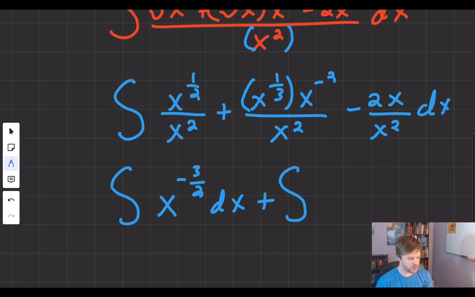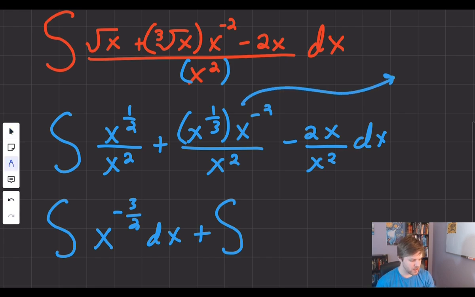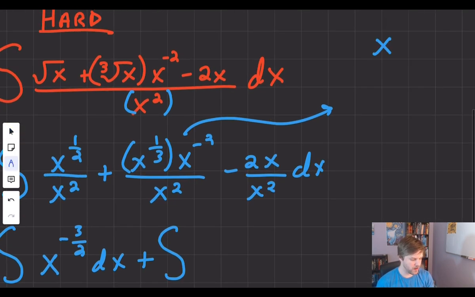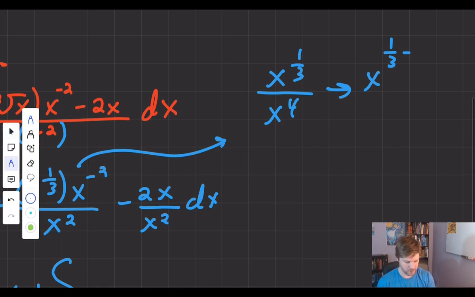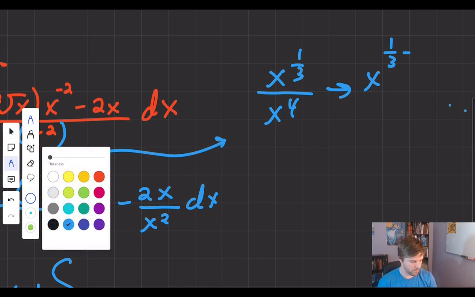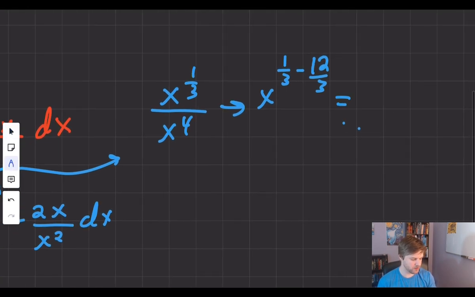Now here, I'm going to do this one off to the side. This becomes x to the 1/3 divided by x to the 4th, after I move that x to the -2 to the bottom because it's a negative exponent. And that becomes x to the 1/3 minus 12/3, which is x to the -11/3.